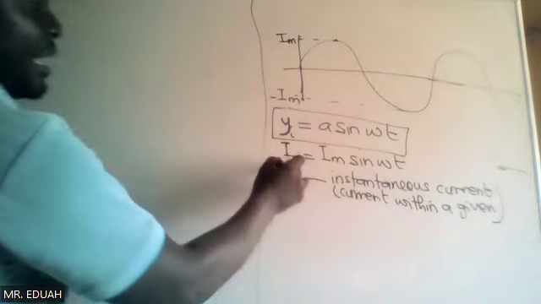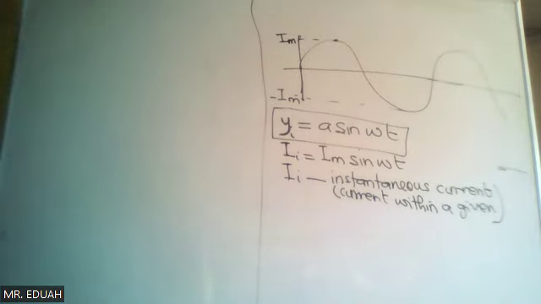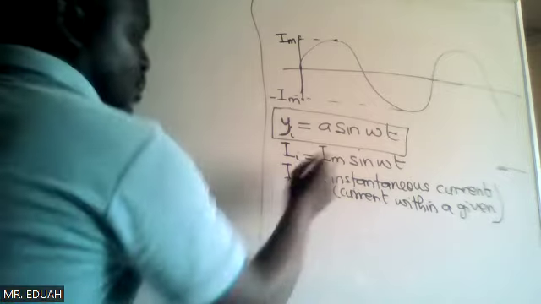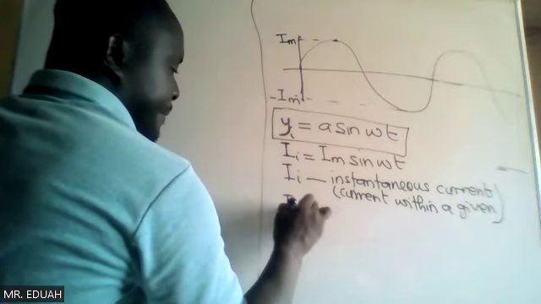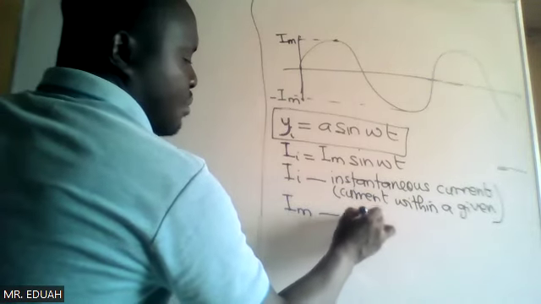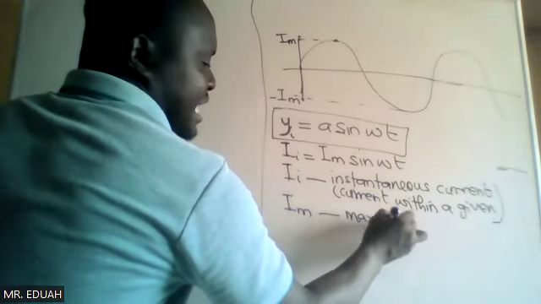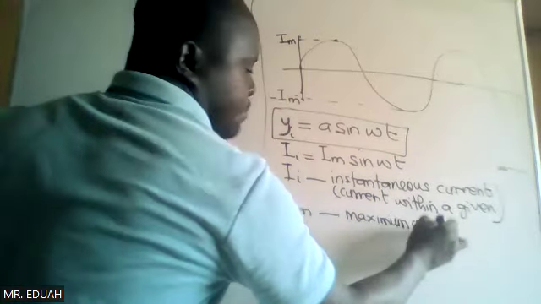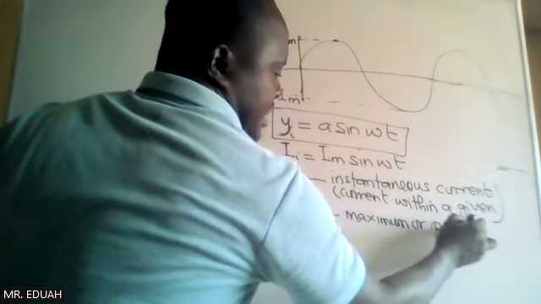So we say this I is the instantaneous current, whereas I subscript M, we say this is the maximum or peak current.